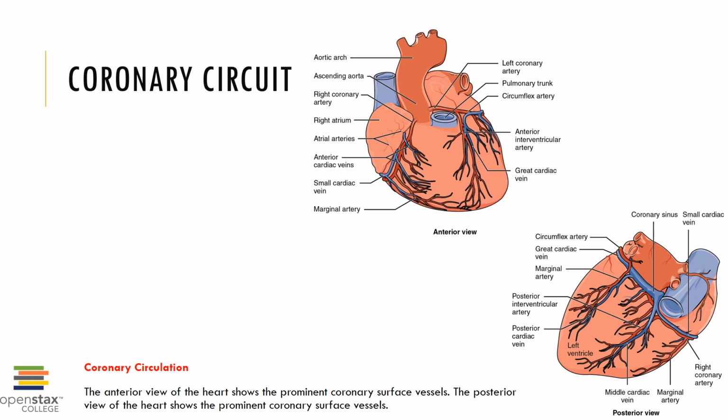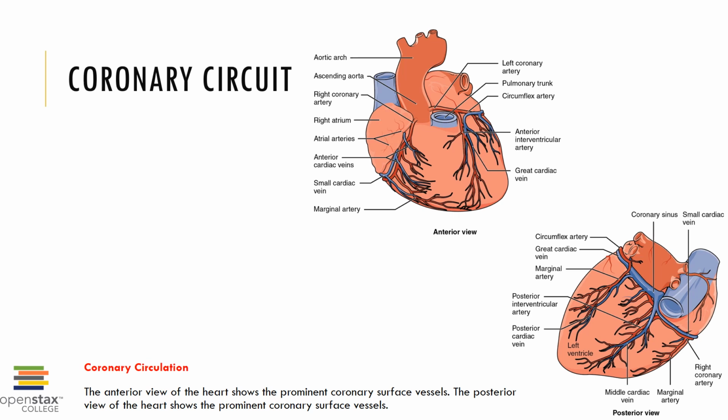At the base of the aorta are two branches. The right coronary artery sits in the coronary sulcus around the heart and supplies blood to the right atrium, portions of both ventricles, and portions of the conducting system of the heart.